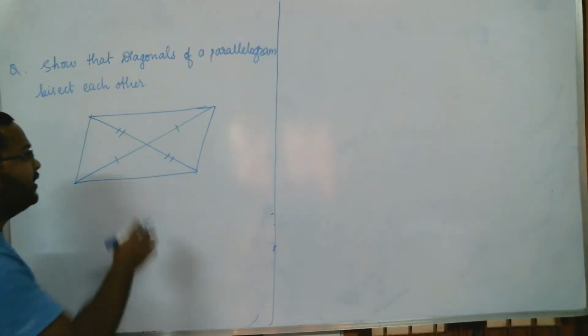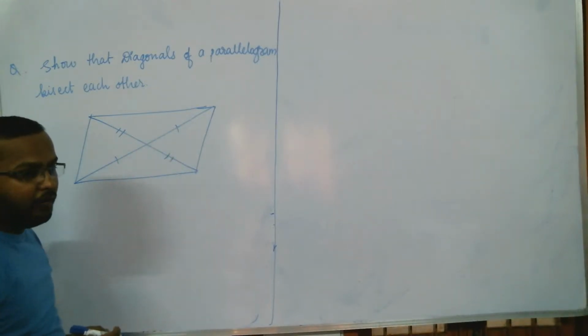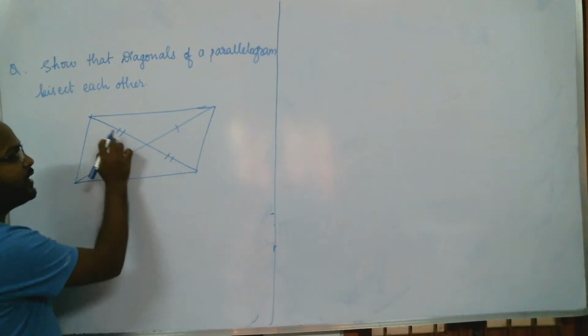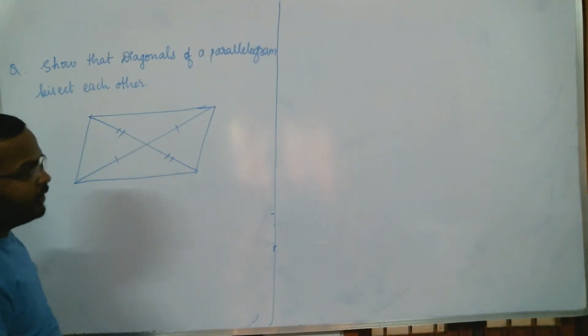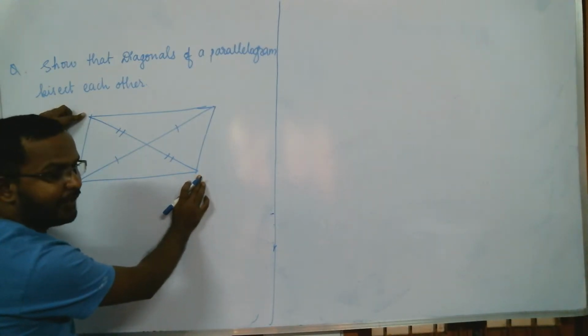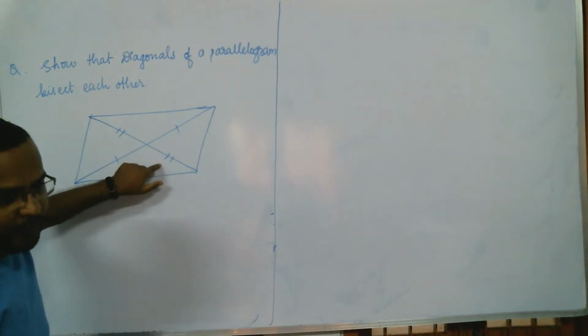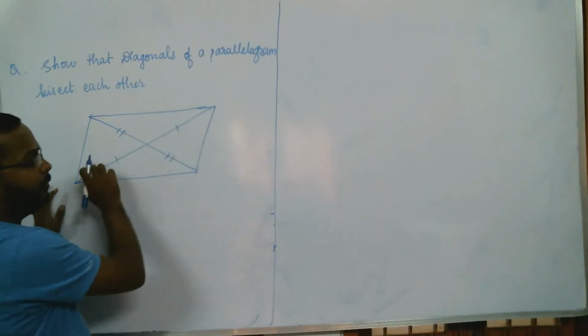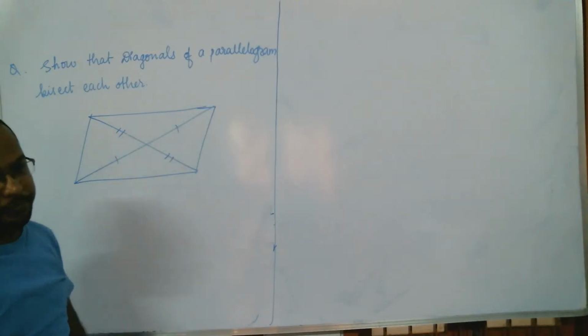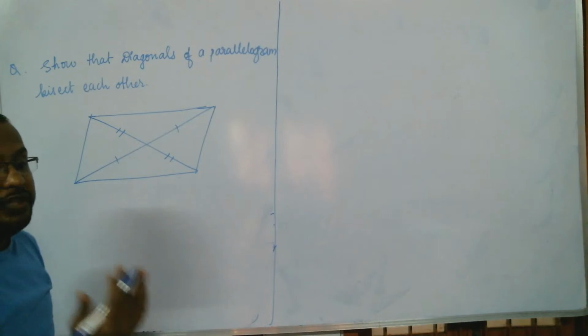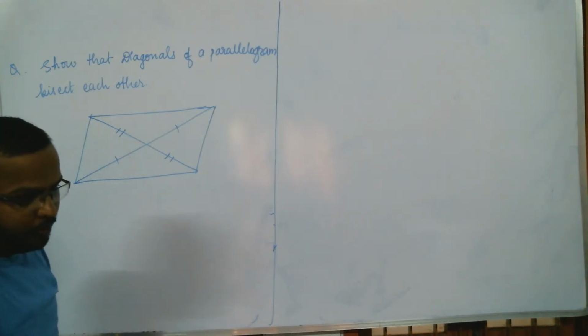Suppose the total length of this diagonal is 10, then this will become 5 and this will become 5. Same way, if it is 20, then it will become 10 and this will become 10. So this is what we have to prove now.